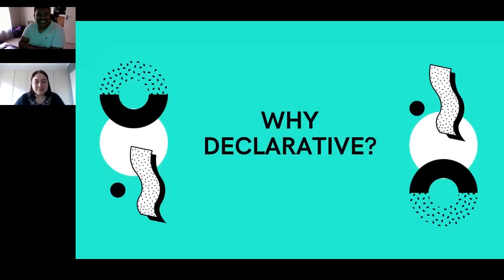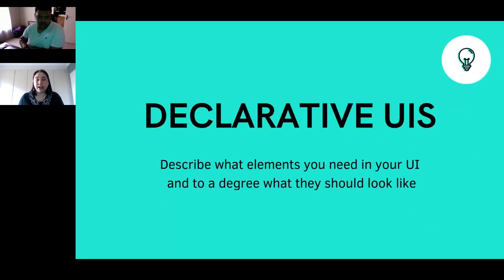All right, so let's start by thinking about declarative UIs. So our talk is Jetpack Compose and SwiftUI, fun with declarative UIs. It's a really good place to start by thinking about why we want to have declarative UIs and what that actually means.